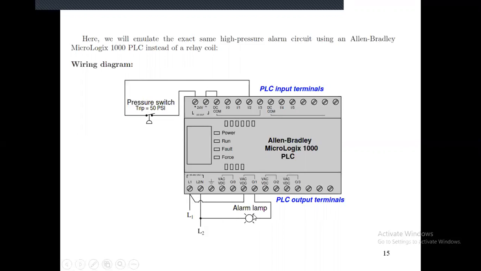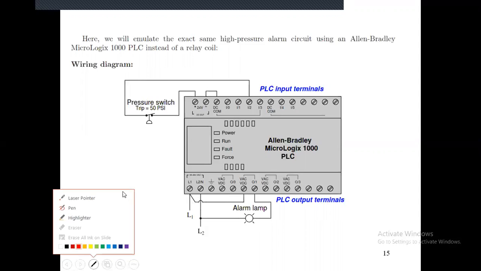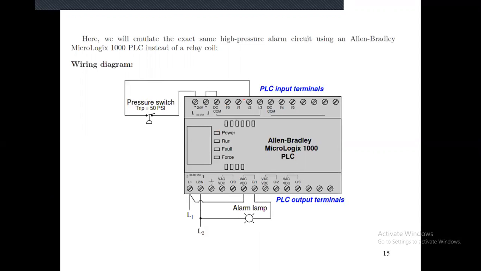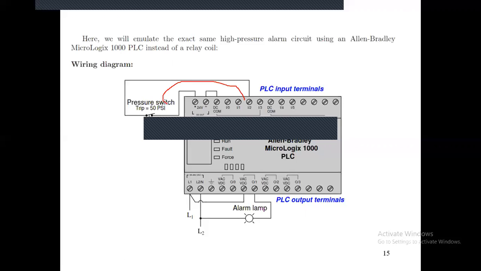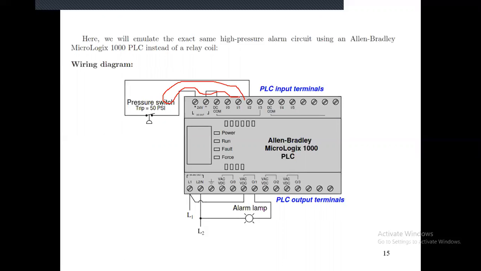There is one point to be noted: the input loop is completed here, and this is the input, right? We have the input here, and this is the output loop. Practically the ladder was like this.